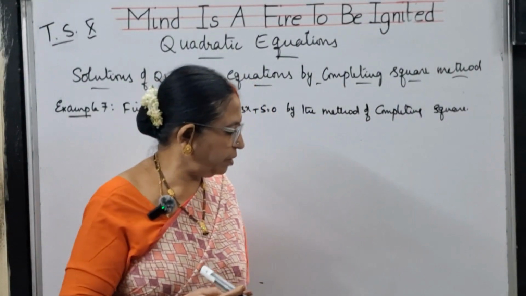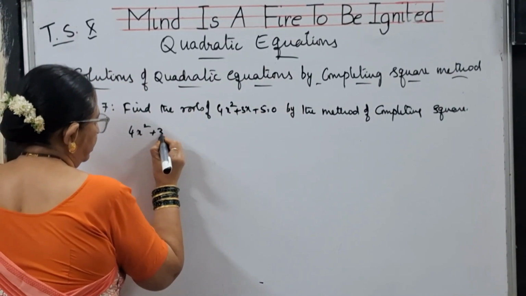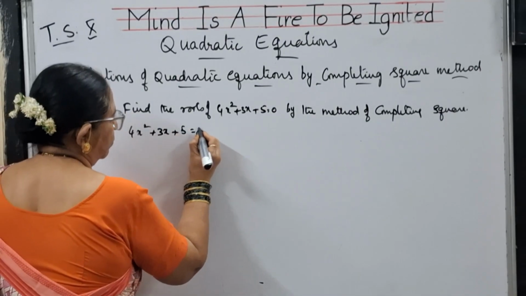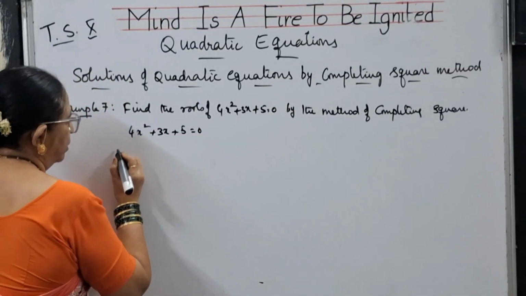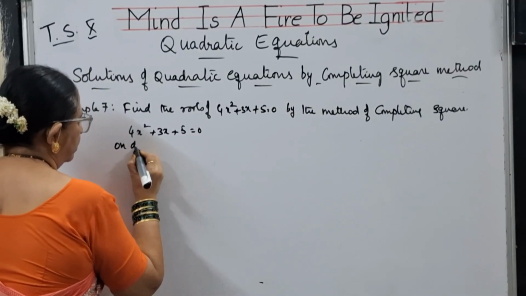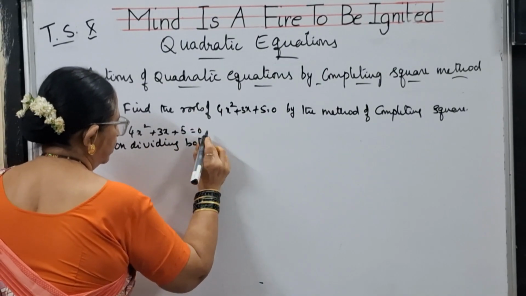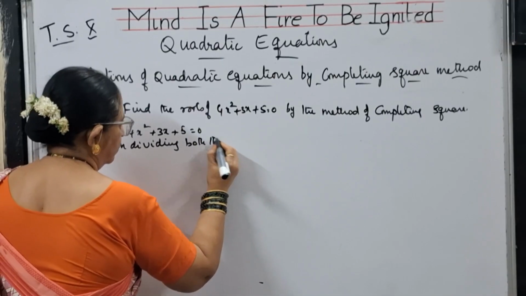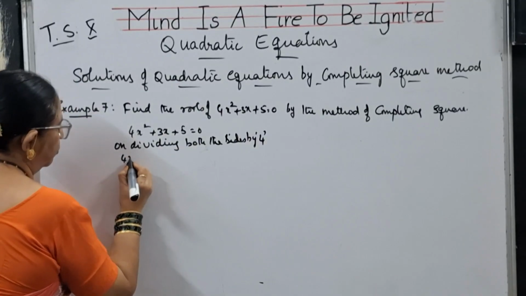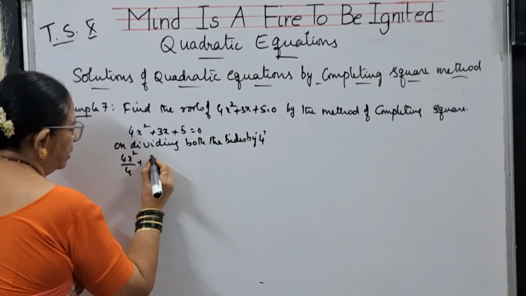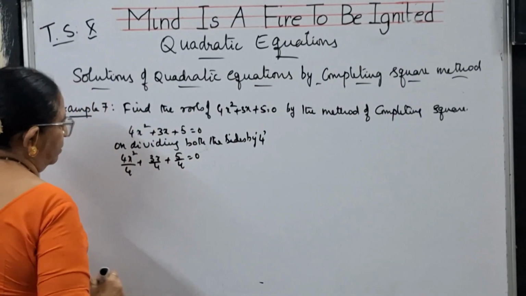Now example 7. Find the roots of 4x square plus 3x plus 5 is equal to 0 by the method of completing square. So here again, 4 is there, so on dividing both sides by 4, what am I getting? 4x square by 4 plus 3x by 4 plus 5 by 4 is equal to 0.